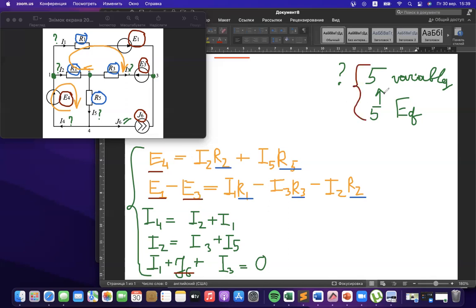Mathematically, this system could be solved quite easily using, for example, matrix form or any program for solution. We could find all these 5 currents for this system. That is how it works.